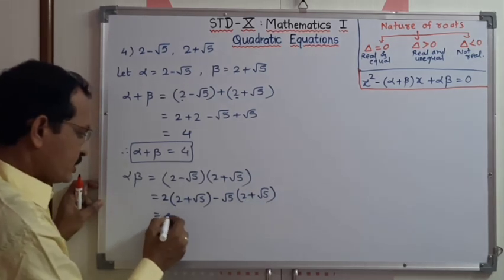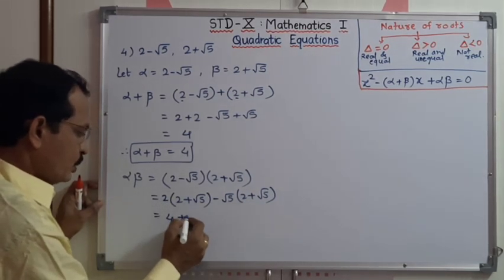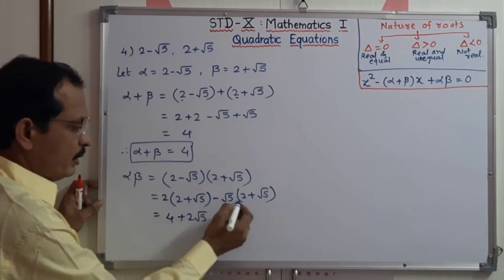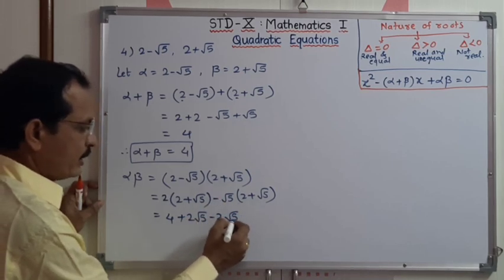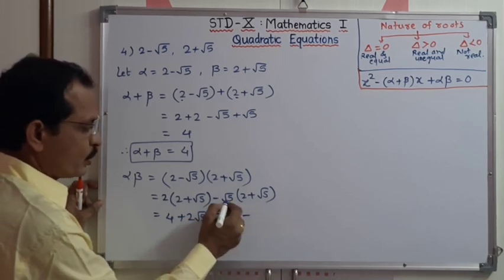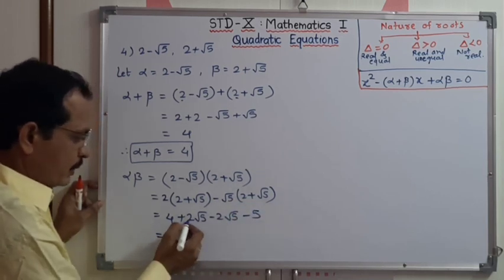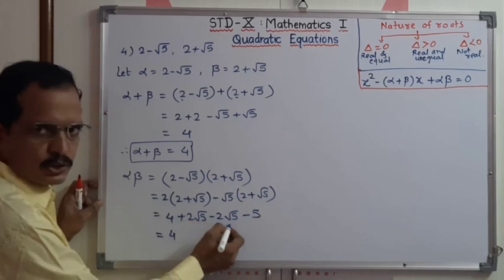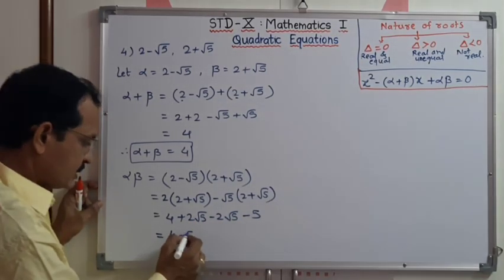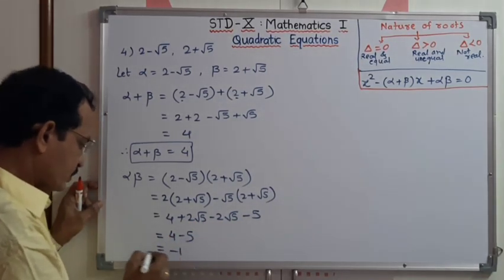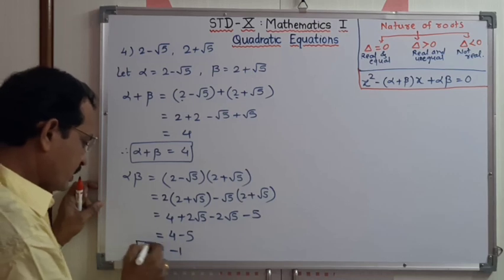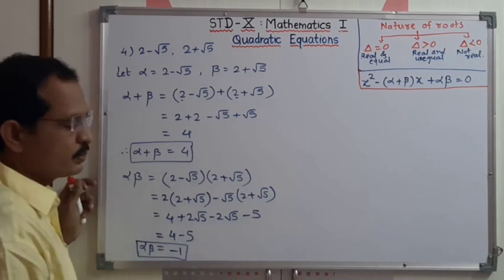Now do the multiplication: it is 4 plus 2 root 5, here it is minus 2 root 5, and here it is minus root 5 into root 5, it is 5. Therefore this 4 plus 2 root 5 minus 2 root 5 get cancelled, it is minus 5 and here it is minus 1. Therefore alpha into beta is equal to minus 1.